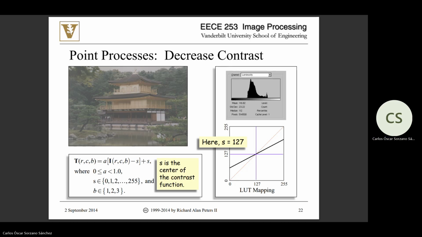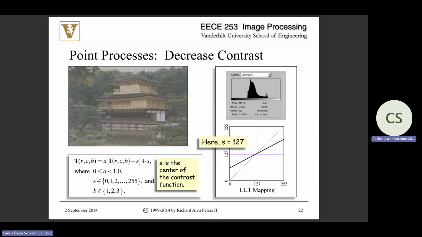So having a smaller difference is having less contrast. And also something noticeable here, and that is the characteristic of this kind of transformation, is the slope of this line. Is it larger, equal or smaller than 1? Smaller than 1. So the slope is smaller than 1.